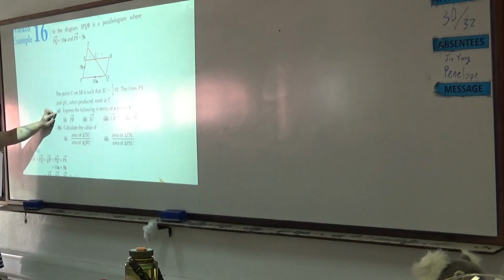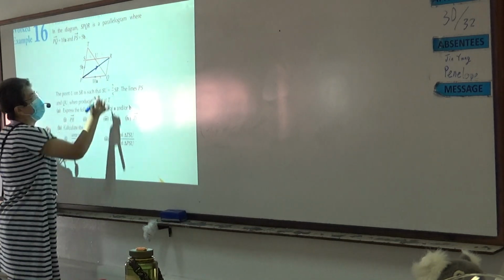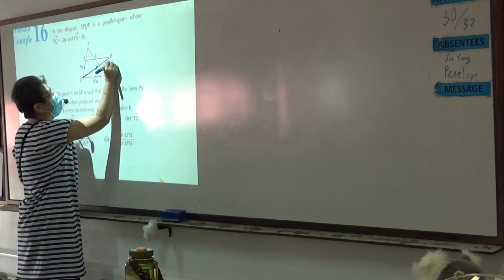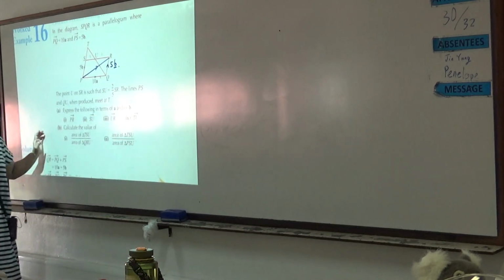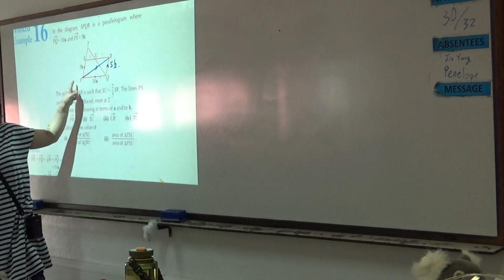Express the following in terms of A and/or B. PR. Now all of you get PR. PR is this one. Do you agree that this is also 5B? PR is this, so it's actually this plus this.